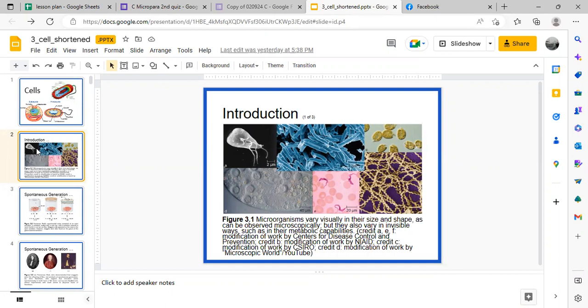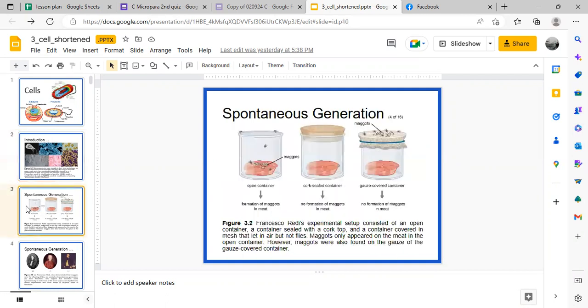So, that idea persisted until Francesco Redi's experiment. So among the ideas na life comes from non-living things, katulad ng rotten meat, no? So maraming nag-iisip ng mga tao na yung rotten meat nagkakaroon ng flies. So yung flies ay galing sa rotten meat.